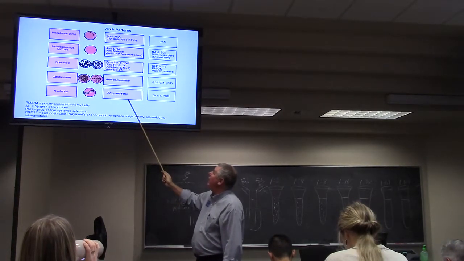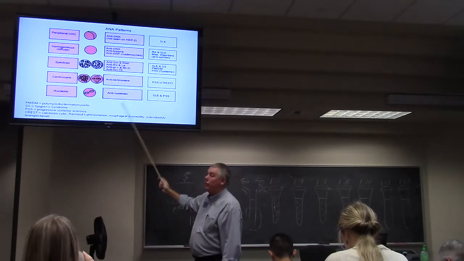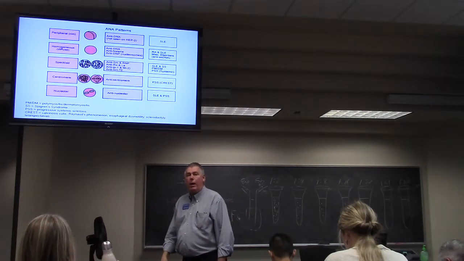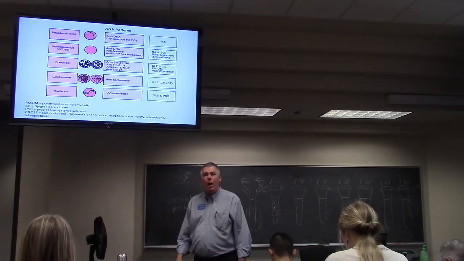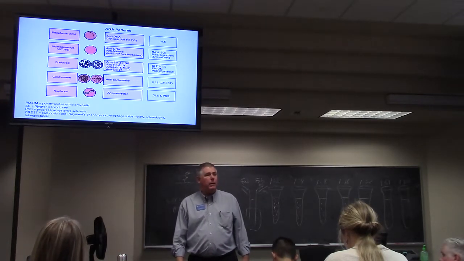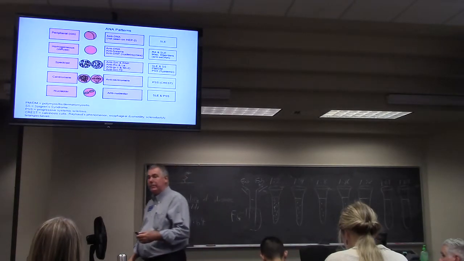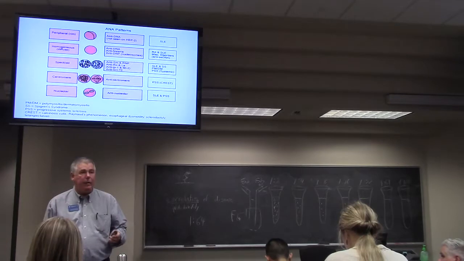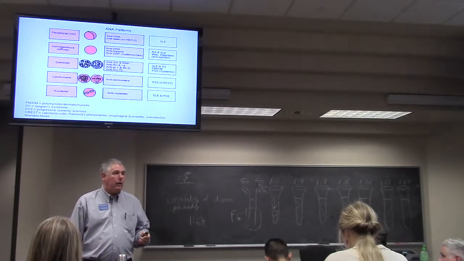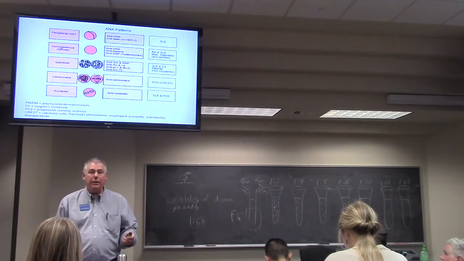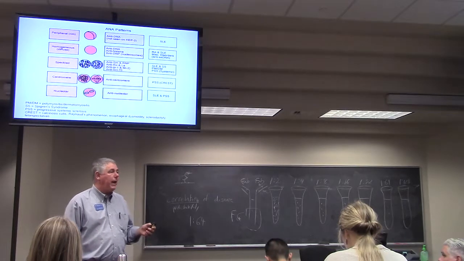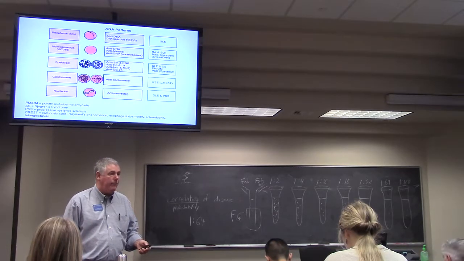Now, these right here go into other non-ANA related antibodies. There are a whole host of them. Anti-Jo, anti-Smith, anti-SCL70, anti-double-stranded DNA, anti-single-stranded DNA.